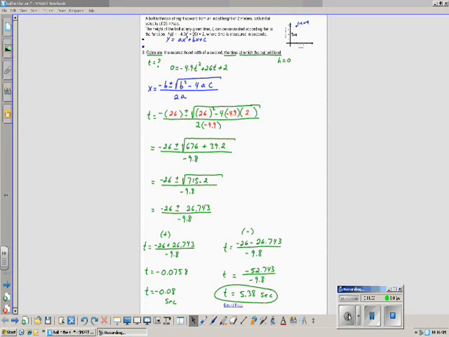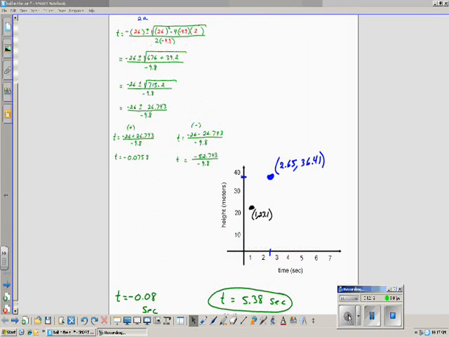So let's take a look at that on the graph and get a better sense for what happened with that negative 0.08 seconds. Remember, it's a parabola, and the parabola opens downward, so it cuts up through the x-axis, reaches its vertex, and then falls back down to the x-axis and cuts through it again.